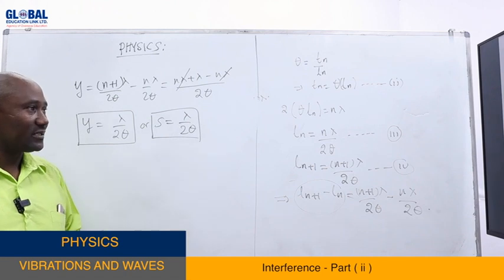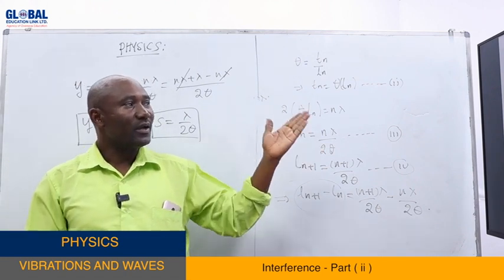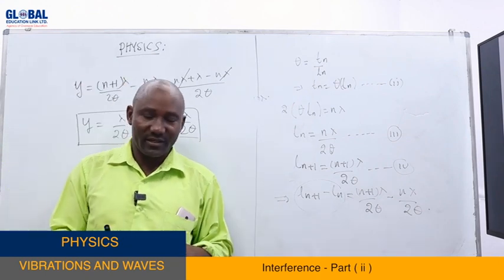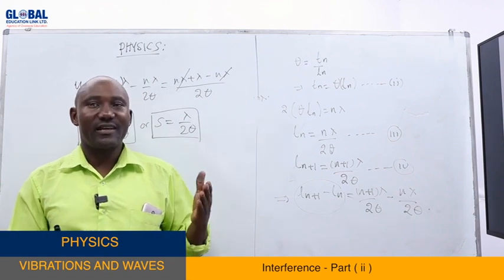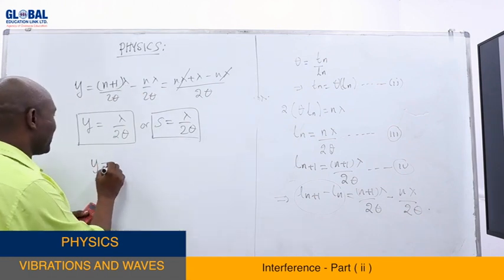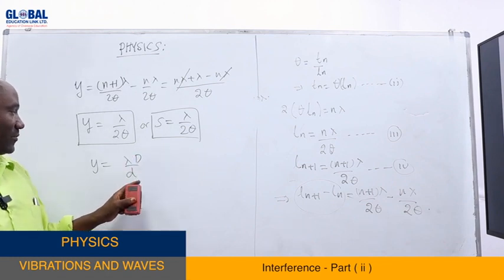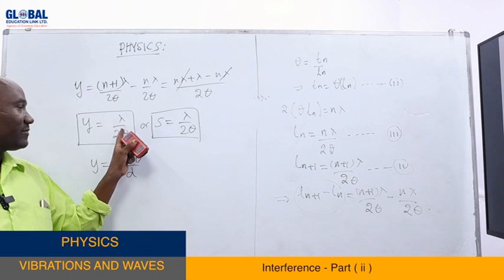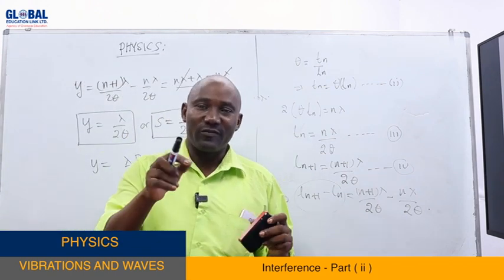So when a question is given, you should know how to find the position of the fringes depending on the nature of the experiment. In Young's double slit experiment the formula is different: y equals lambda D over small d, which depends on the wavelength and D. But for the air wedge, it depends on the wavelength and the angle of the wedge.